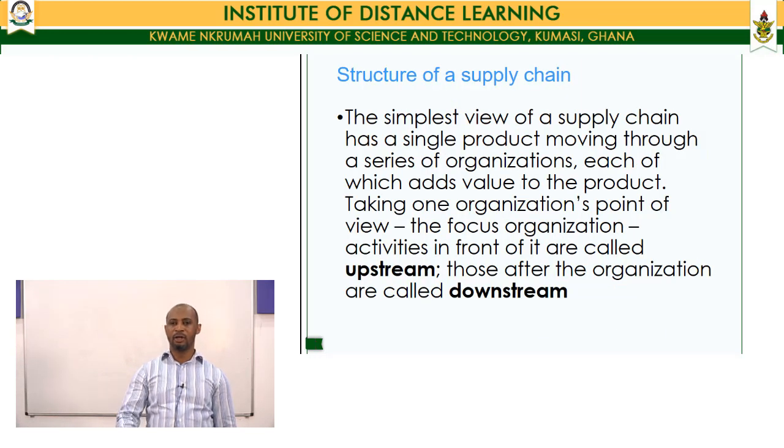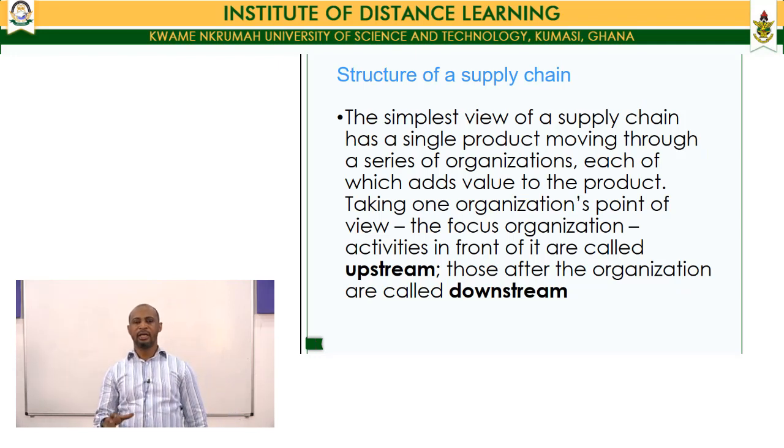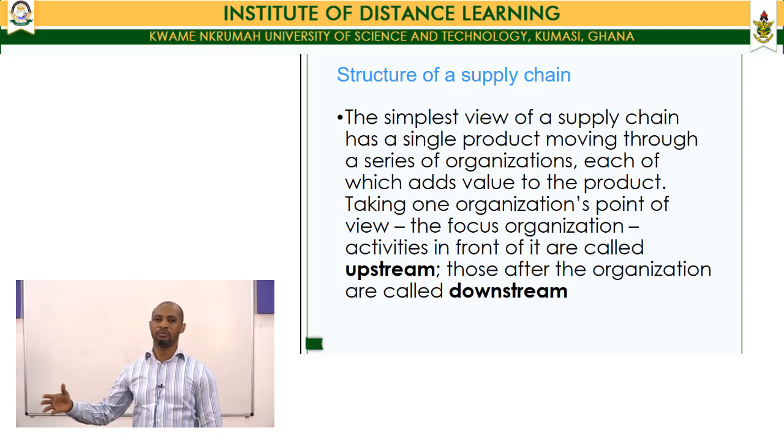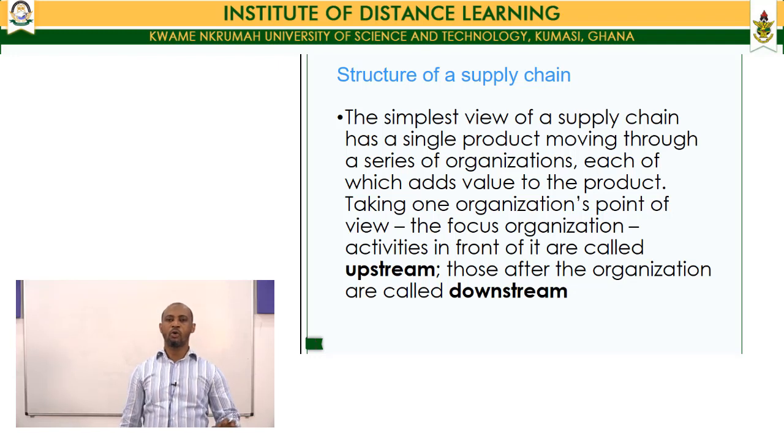If you look at all these definitions, then it tells us that the simple view of a supply chain in terms of structure is the movement of a product through a series of organizations, with each of them adding a small value. So, Cocoa Board takes the cocoa from the farmer.